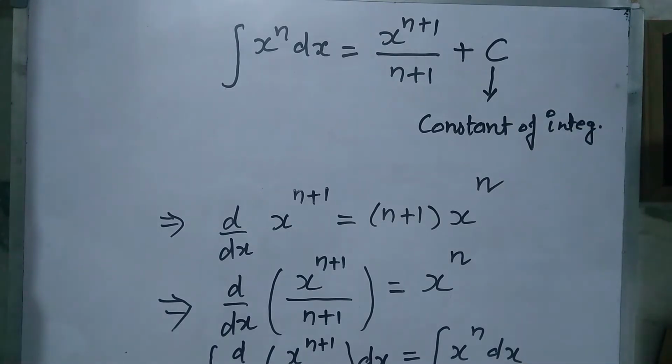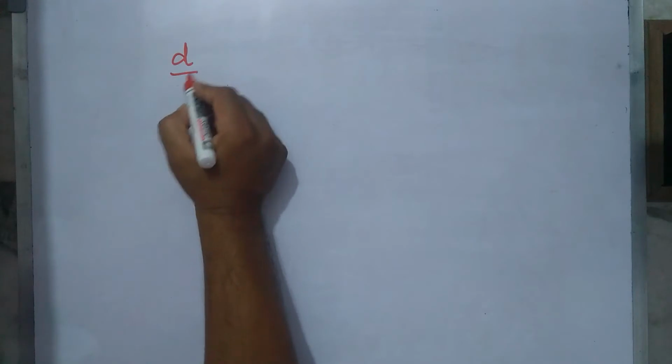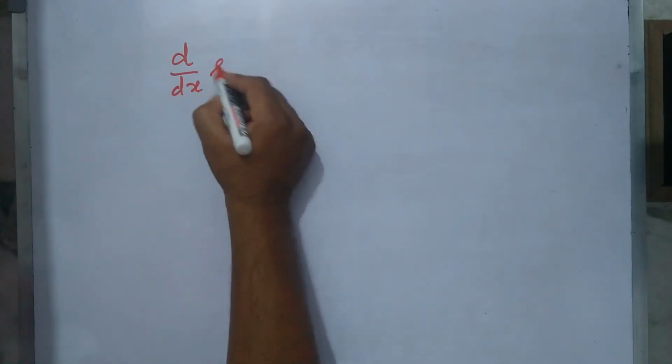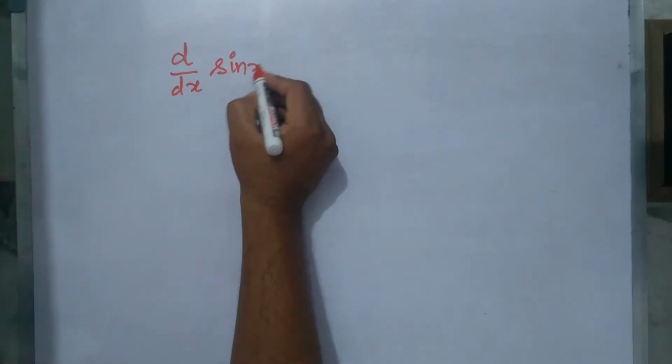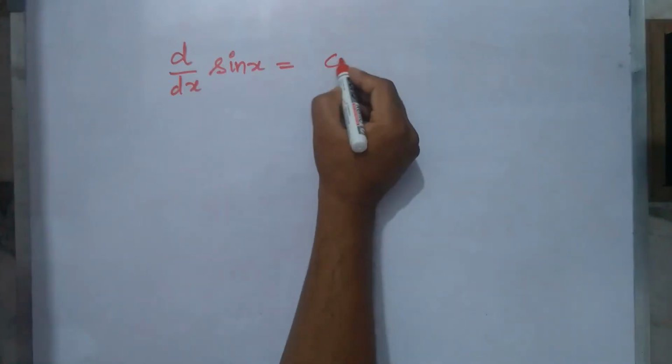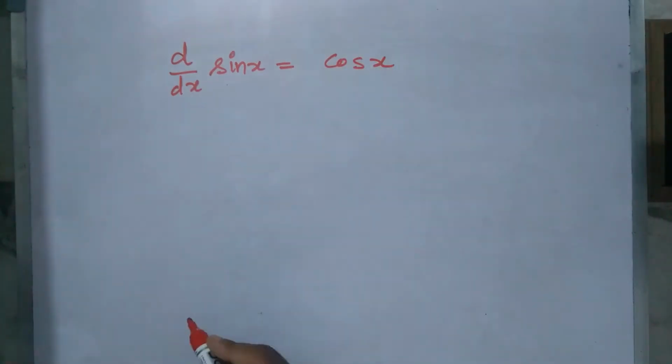Constant of integration. Let us take one more example. We know that derivative of sine of x is equal to cos of x.